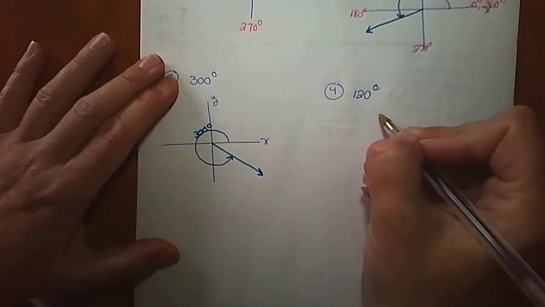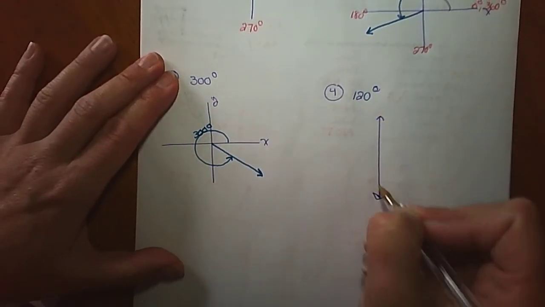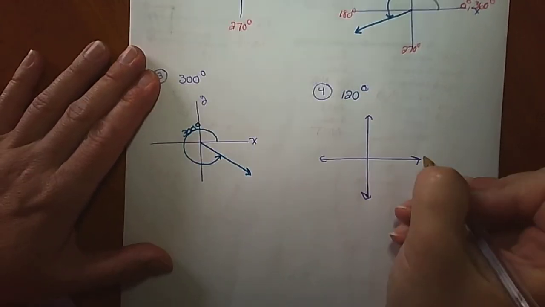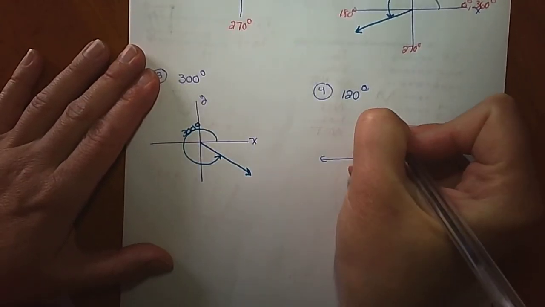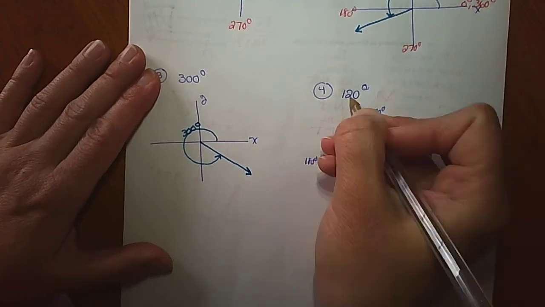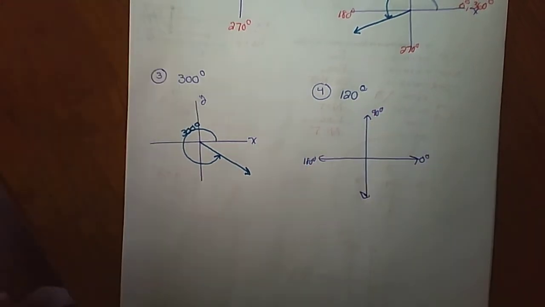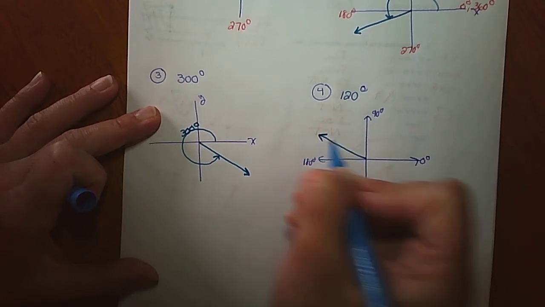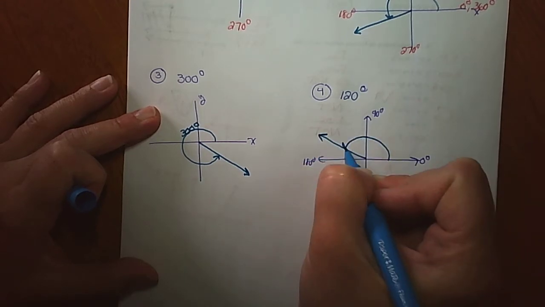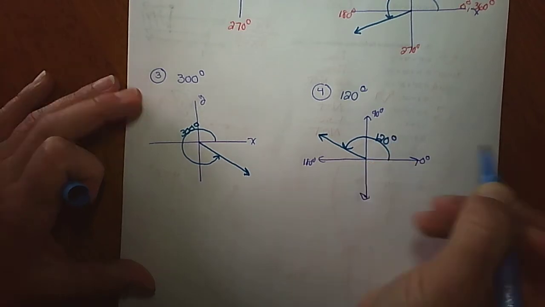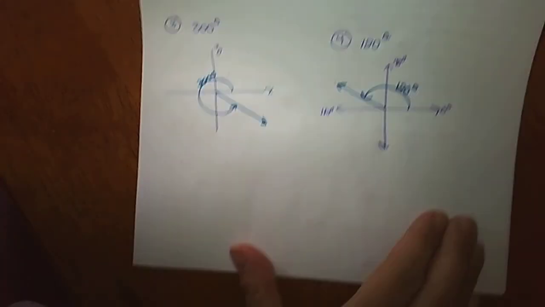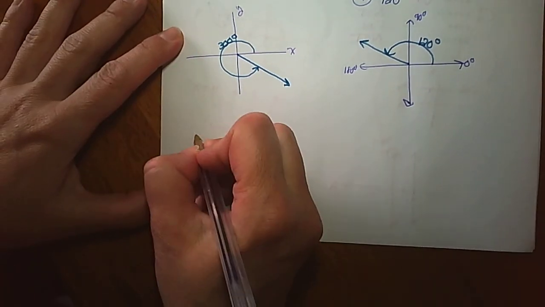And then 120, all right, this is 0, 90, 180. So 120 is between these two. So 120 maybe is about there. And you draw your arc. 120.